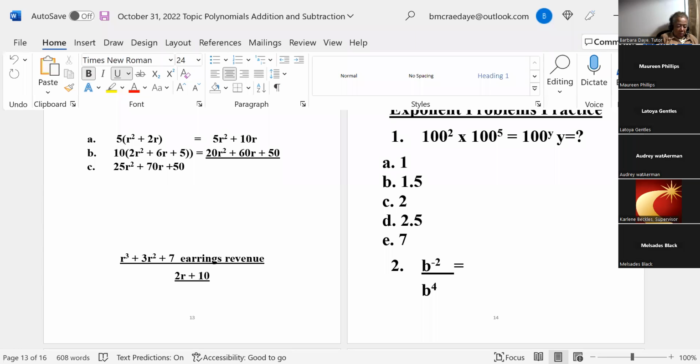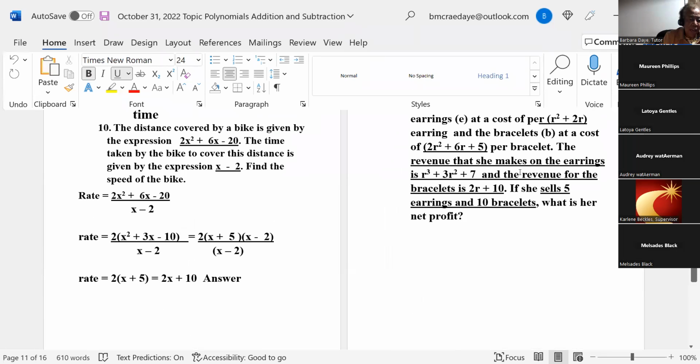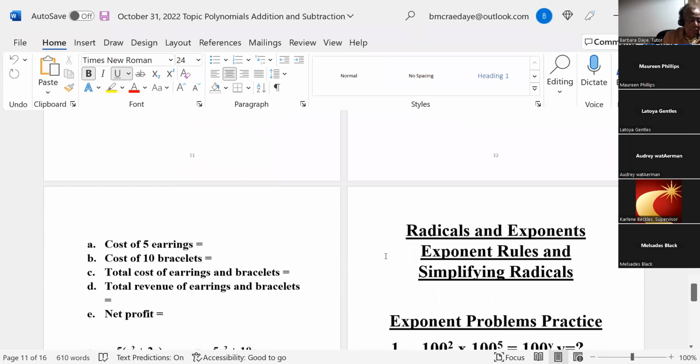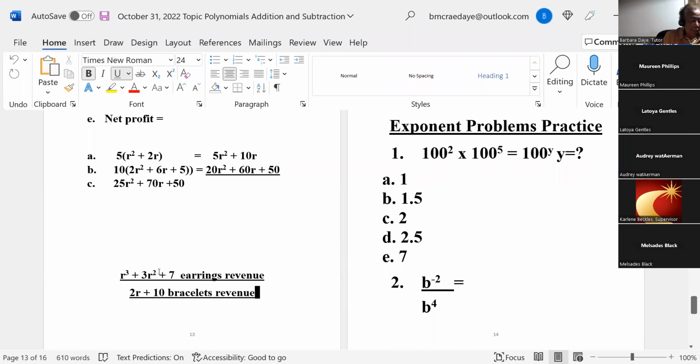Now, how many bracelets did you sell and how many earrings? You sold 5 earrings and 10 bracelets. So multiply the 5 by this value and the 10 by this value, and tell me what you get.